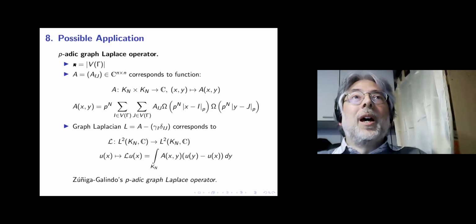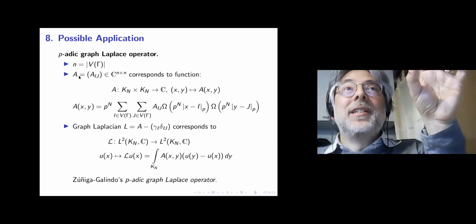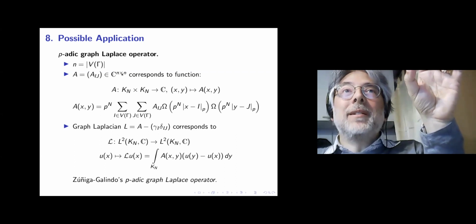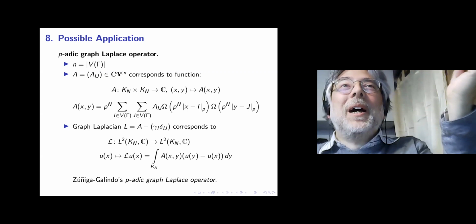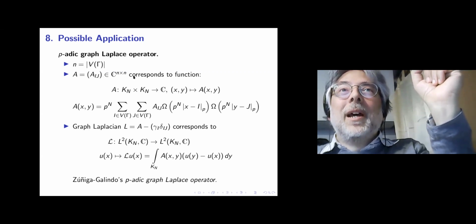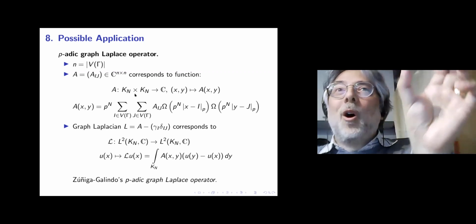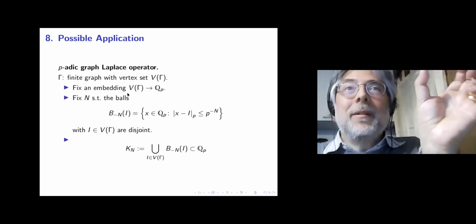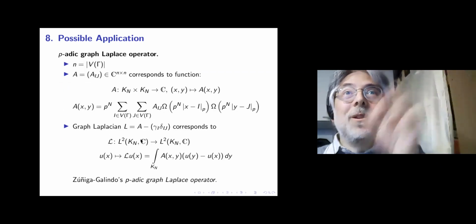And then if you have n vertices, you have your adjacency matrix, a square complex n times n matrix, and you make out of the matrix a function on pairs of those domains Kn, which are just unions of disjoint balls.